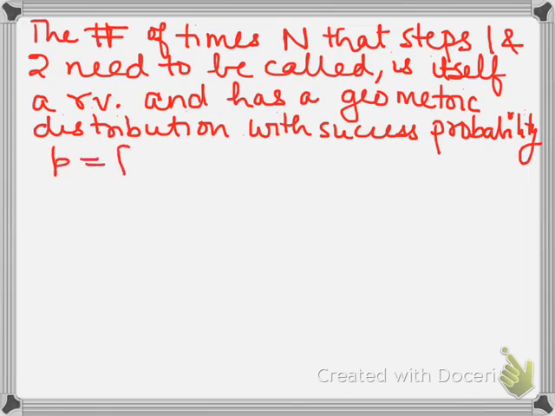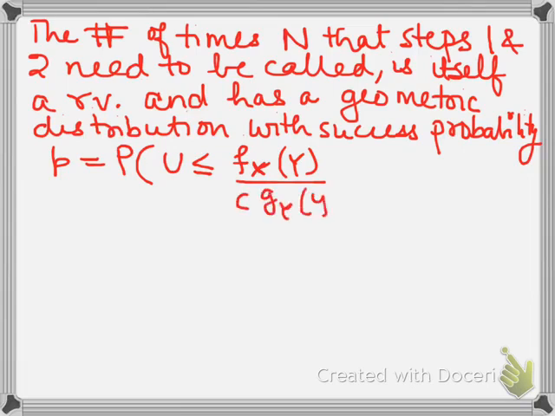p equal to the probability that you would be successful, only when U is less than or equal to f(Y) over c times g(Y).